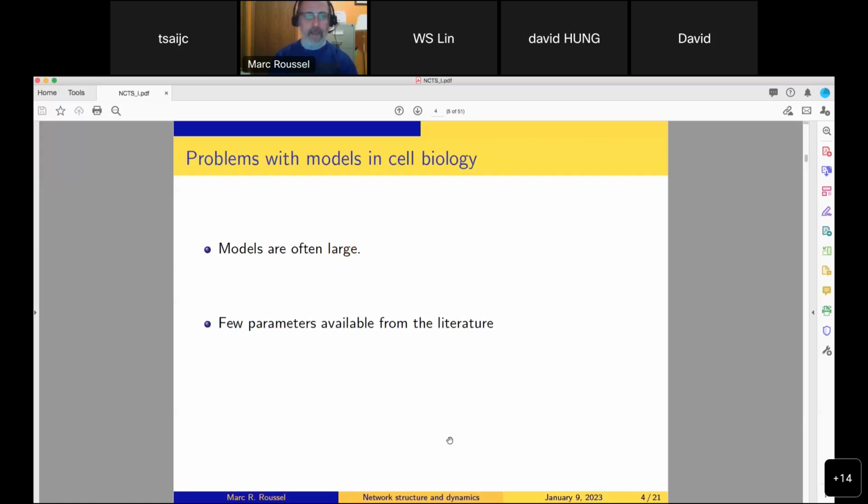When you try to parameterize even the simplest looking model, you often run into roadblocks in finding rate constants, concentrations, and so on. And when you do find parameters, you have to be careful because they're not transferable across species. They're often not even transferable within an organism between different tissues. For example, you often have enzyme isoforms in different parts of your body that have different catalytic parameters. So you're constantly dealing with models where you don't know many of the parameters, and even for the ones you do, there is great uncertainty.